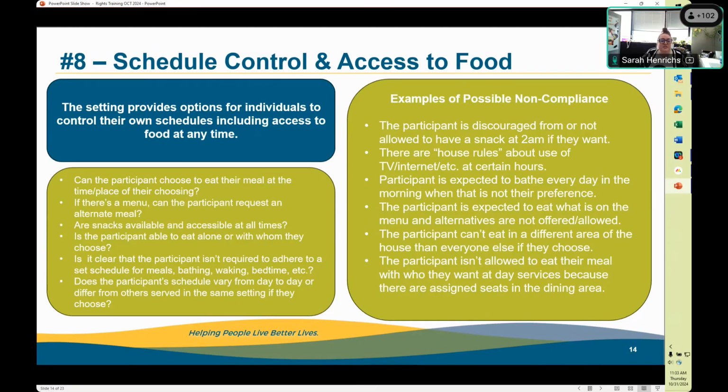And does the participant's schedule vary from day to day or differ from others served in the same setting if that's their preference? So if we go into a setting and everybody has the same schedule, that is potentially a red flag. If the participant's schedule is exactly the same every single day, that could also potentially be a red flag.